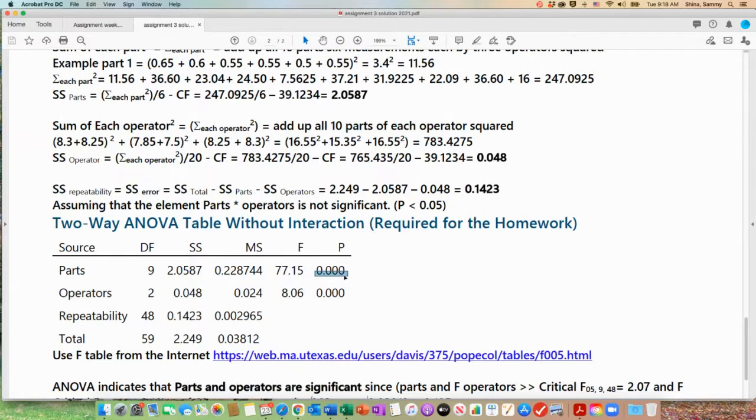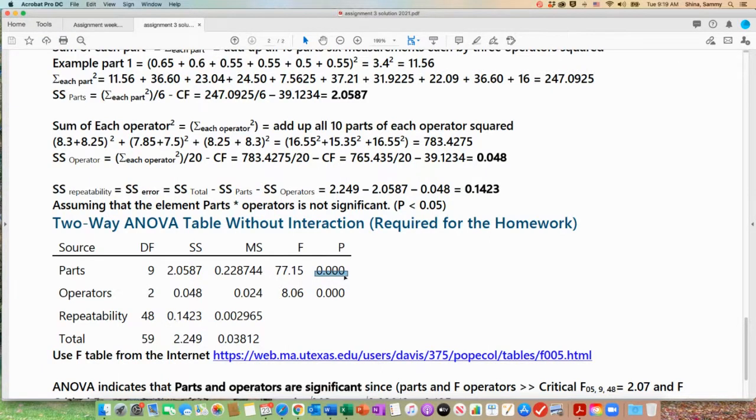If the difference is lower than 0.5, 0.5 is kind of a magical number. If it's higher than 0.5, part-to-part differences as measured by the equipment. Remember, parts are measured by equipment. So that indicates equipment error, indicates the measurement of the parts. If it's low, that means parts coming out of the production line are significantly different.